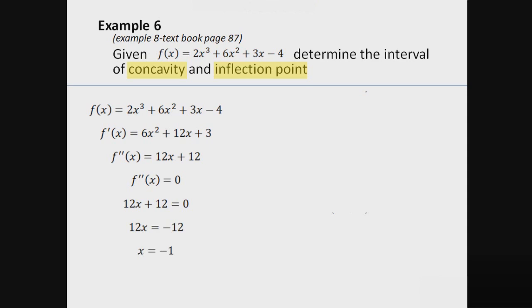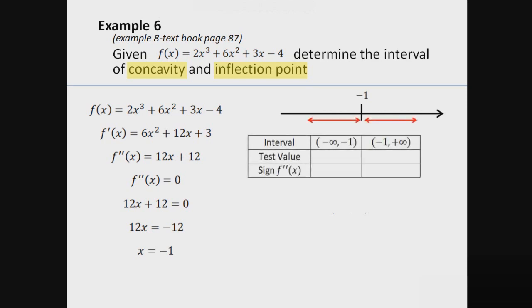The next step is that we have to make the partition of -1 into two intervals here, which is -infinity up to -1 and also -1 up to positive infinity. Then we have to substitute the test value inside f''(x) in order to determine whether it's concave up or concave down.